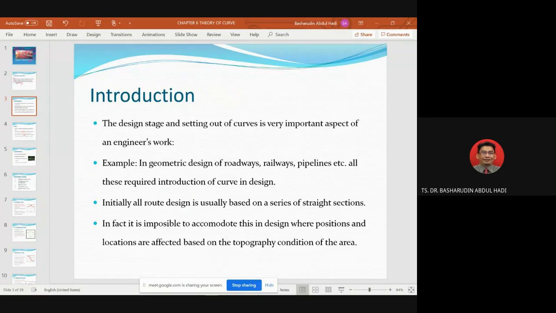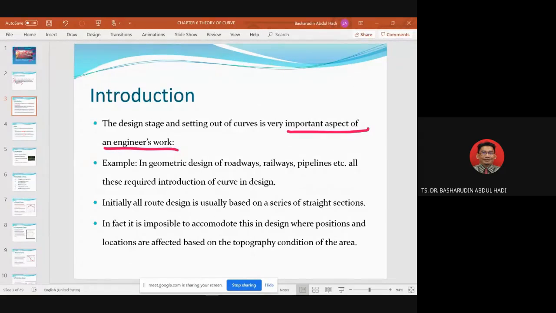So, the introduction about the curve. Number one, the design of the curve stage and the setting out of the curve is a very important aspect of engineering works. This is our part. Even though we have a surveyor, you must check the data and check the setting out on the ground before they lay the road alignments. A road alignment means the center line.